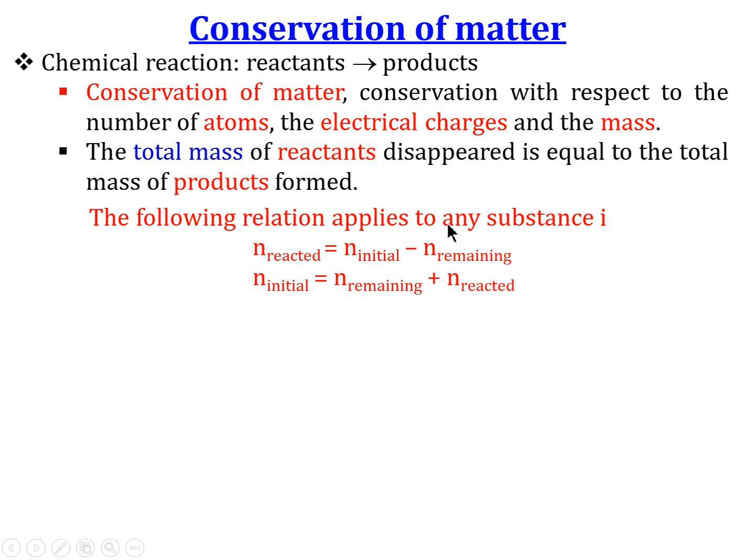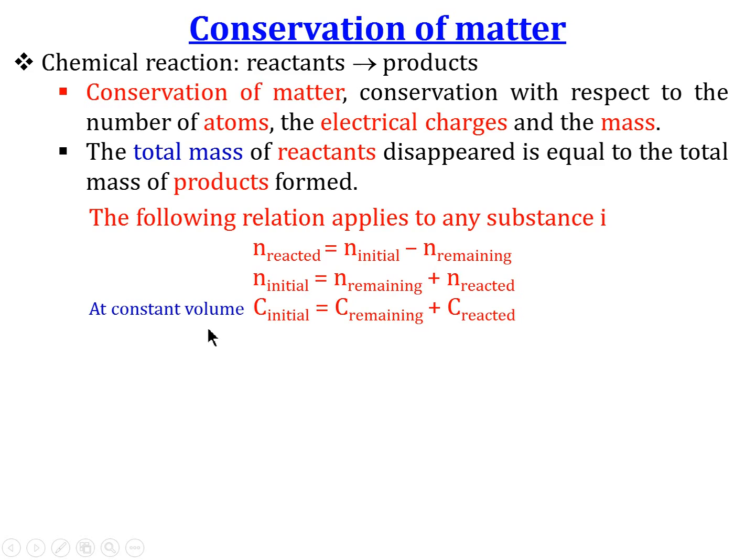The following relation applies to any substance i. The number of moles reacted is equal to the number of moles initial minus the number of moles remained. So n initial equals n remained plus n reacted.